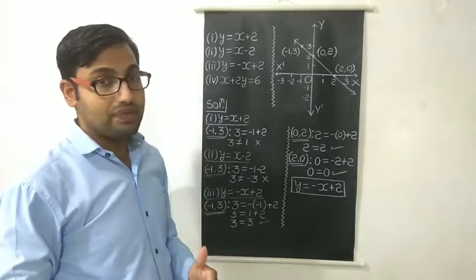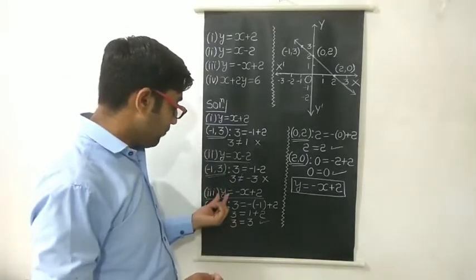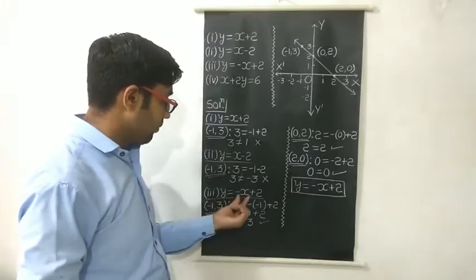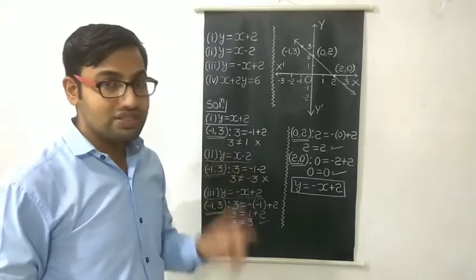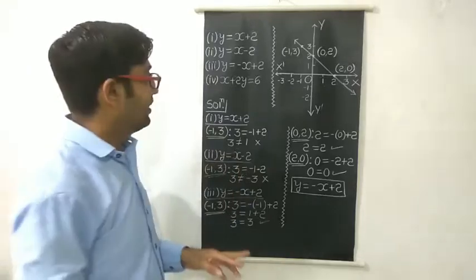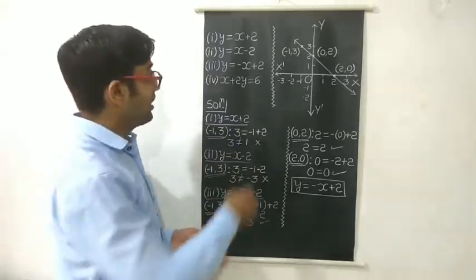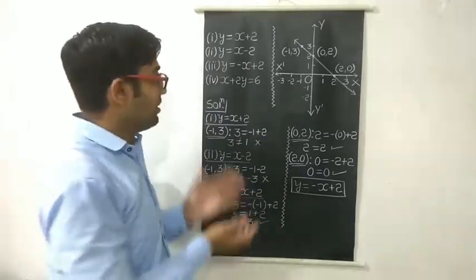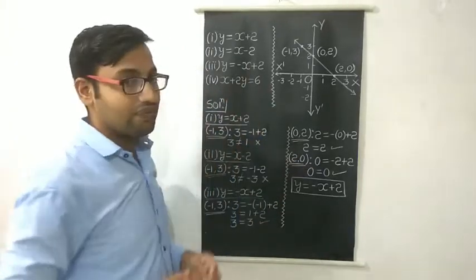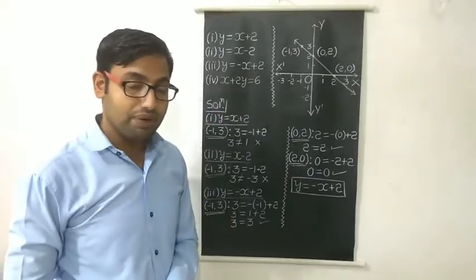It may happen that instead of y you put the value -1, and instead of x you put the value 3. Whenever you make this mistake, you cannot get any solution. That means if you check all the 4 equations, you cannot find out which equation the graph is of. So this thing you have to keep in mind.